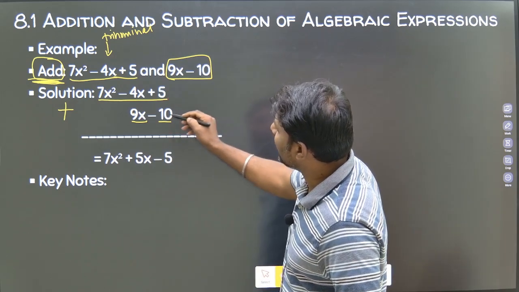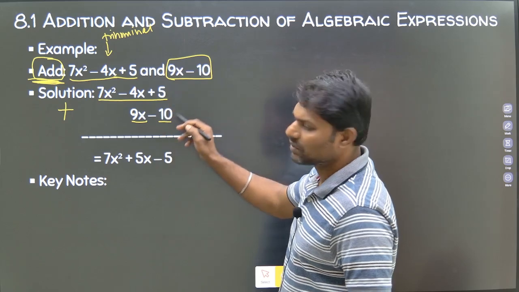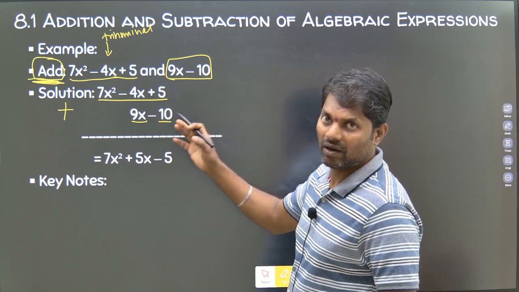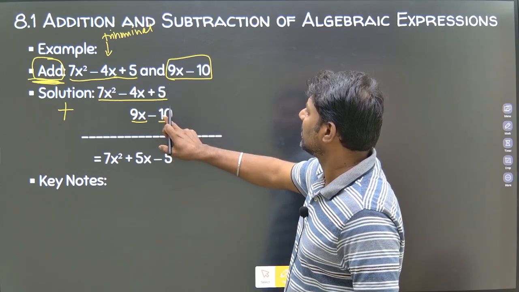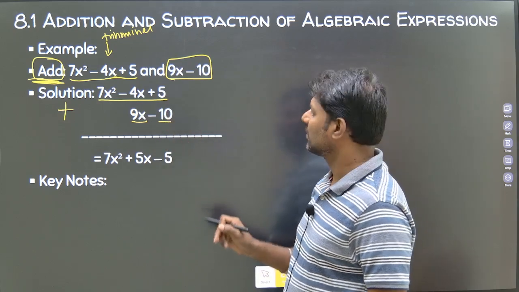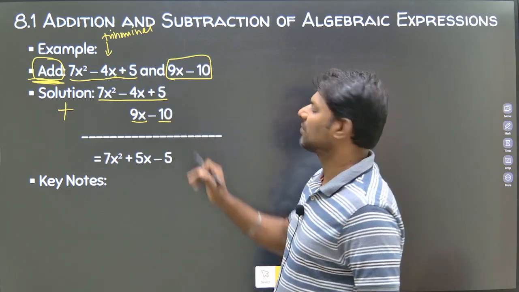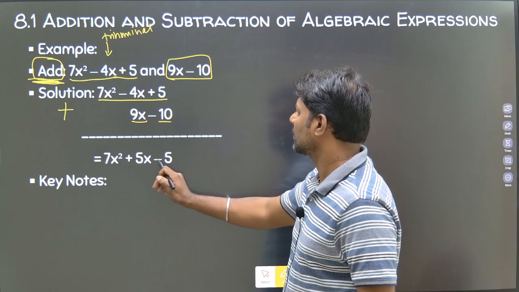Plus 5 minus 10. So in this case we know how to perform the addition or subtraction. So subtract 5 from 10, we will get 5, and we have to give the sign of the larger number. So minus 5.